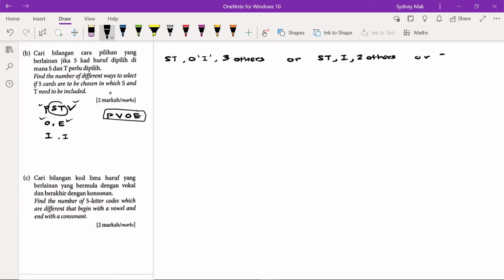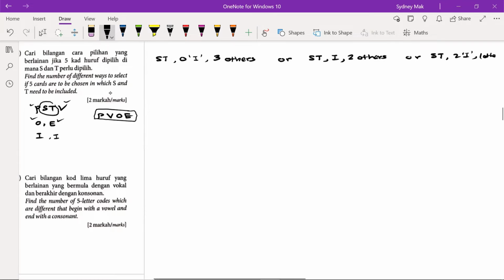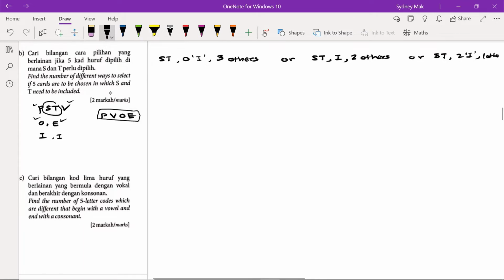Or ST must be in, 2 I must be selected, and left with 1 from the rest. So these are the different scenarios that we have. And therefore, for each scenario, since ST is already in, there is no I, we have to select 3 out of the remaining 4 others. So we have 4C3.